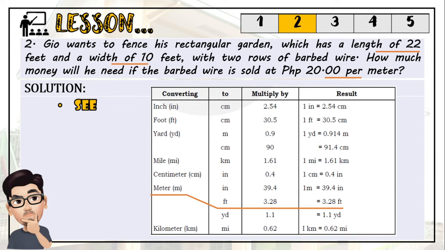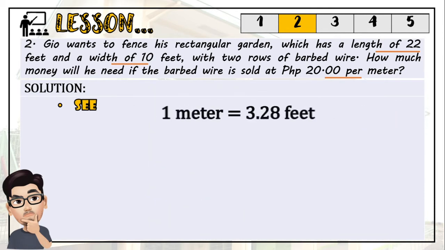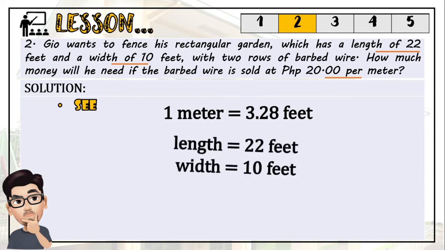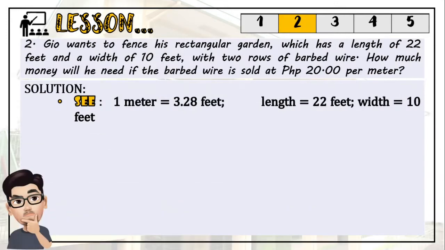So 1 meter is equal to 3.28 feet. And that's a conversion fact that we are going to use later on. Okay? So we need to gather all our facts. 1 meter is equal to 3.28 feet. The length of the rectangular garden is 22 feet. The width is 10 feet. Okay?